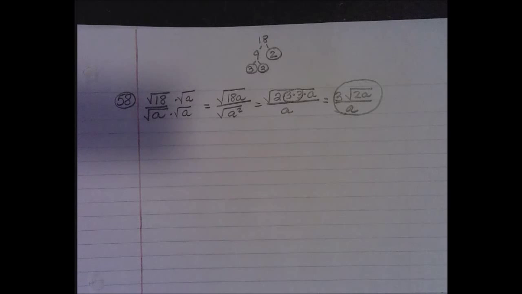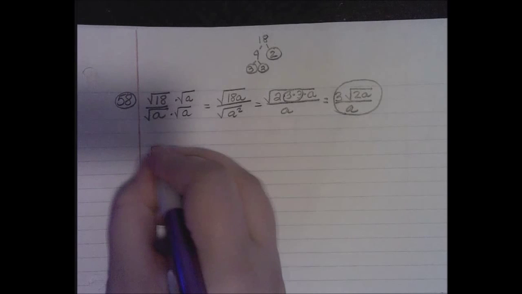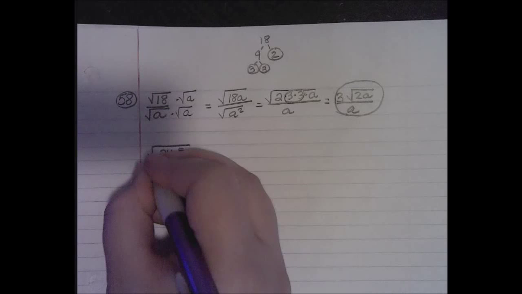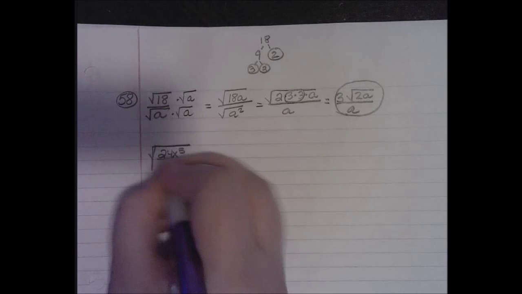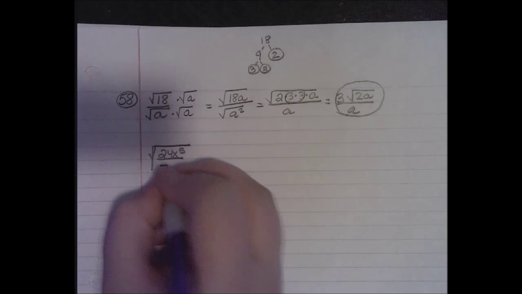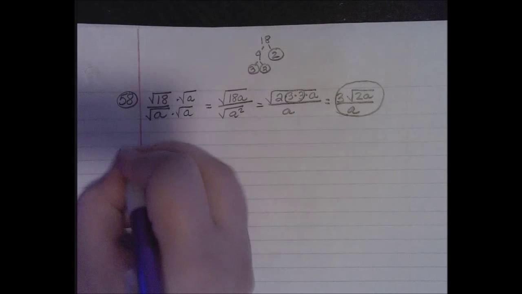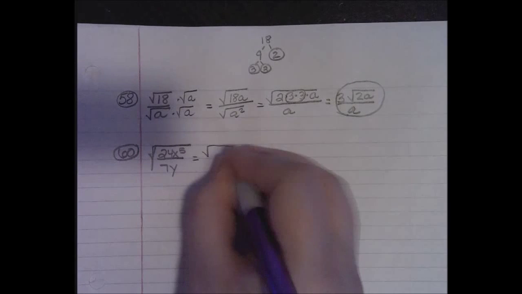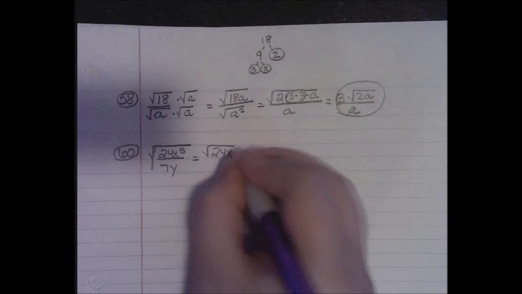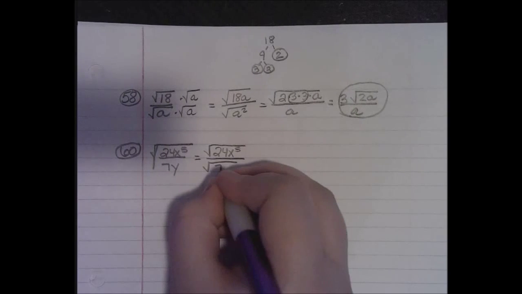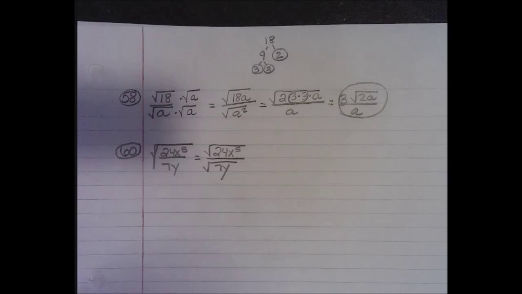We have the square root of 24x to the 5th over 7y. Again, this is number 60. So we can break this apart to be the square root of 24x to the 5th over the square root of 7y.